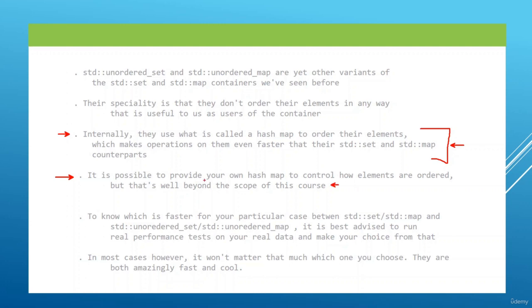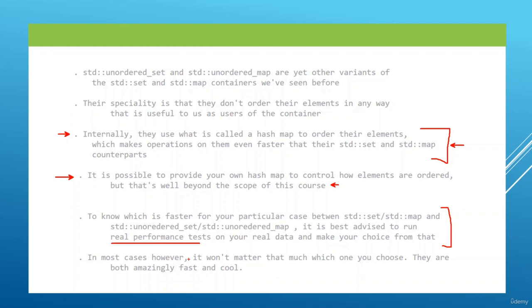But note that to decide whether you use unordered versions of set and map or ordered versions, you really need to run real performance tests on your real data and make your decisions on top of that, because these things can really spin out of control if you don't tune to the data that you are working with in your C++ program.